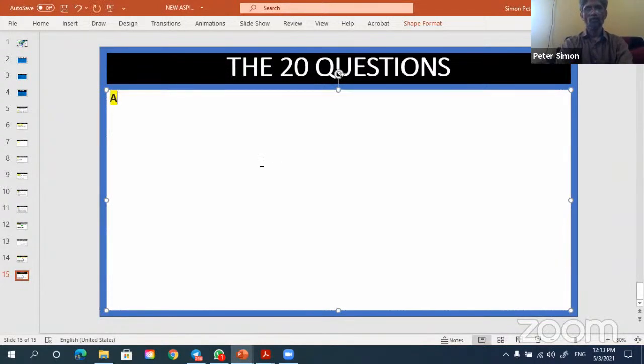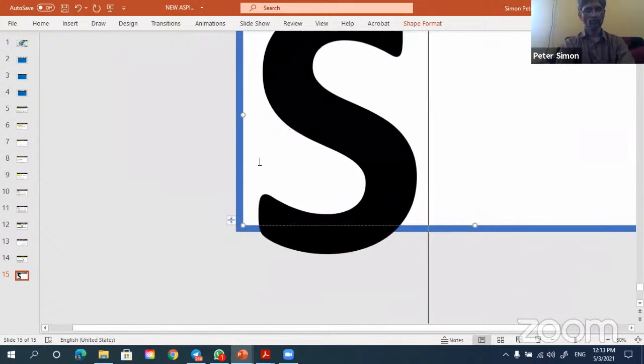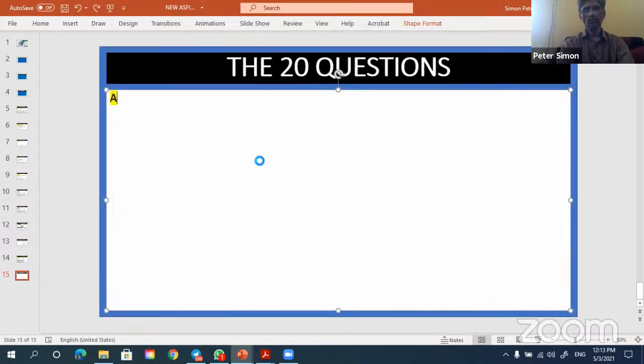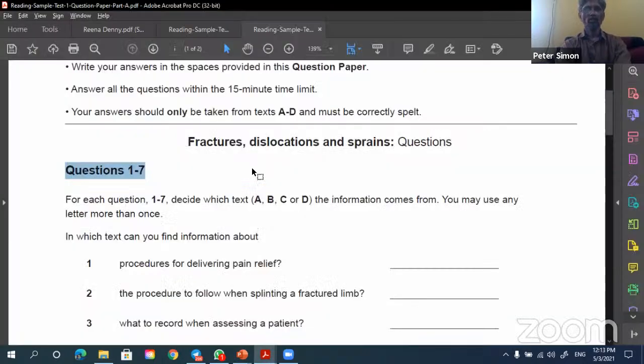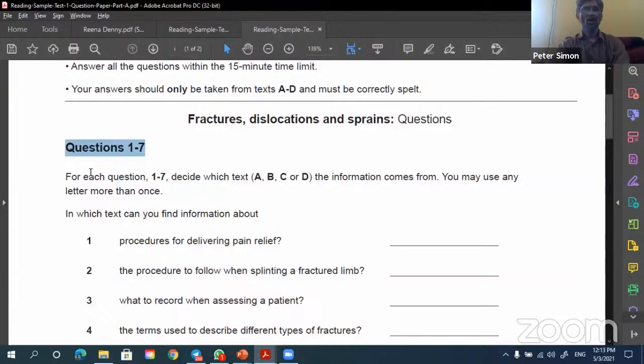Now there are three sets. Set one, what is set one? Set one is finding the location where the information comes.